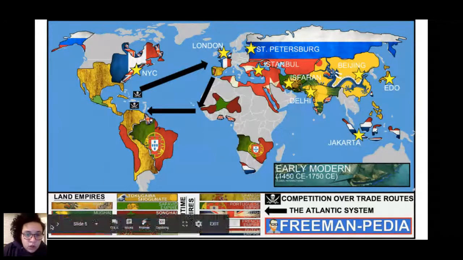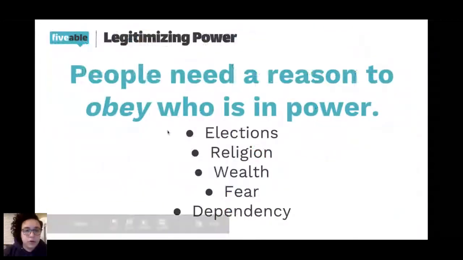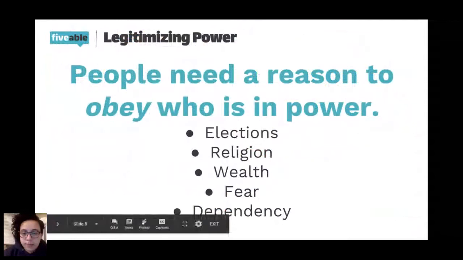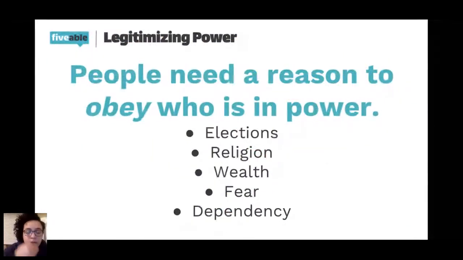So first, let's talk about this key concept. It talks through the actual empires, so I'll cut through those for you so you have the most important things. But first I want to talk about how, in order for there to be an empire in power, people need a reason to obey who is in power. Someone can't just come to power and say I'm in charge now and that's it, and everyone's just going to be okay with that.